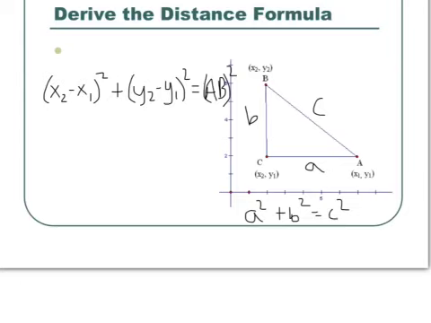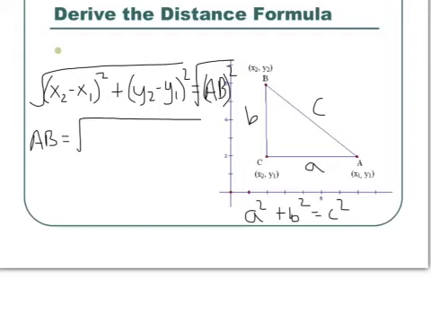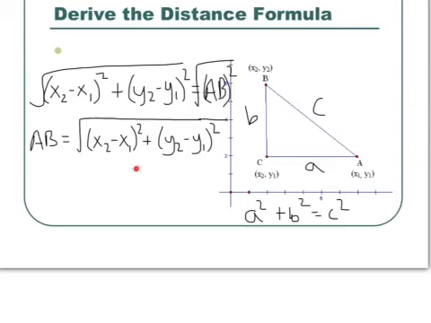Well, if I want to solve for AB, I square root both sides. So now I have AB equals the square root of x2 minus x1 squared plus y2 minus y1 squared. And that is our distance formula. So we're going to use this right here for our next problem.